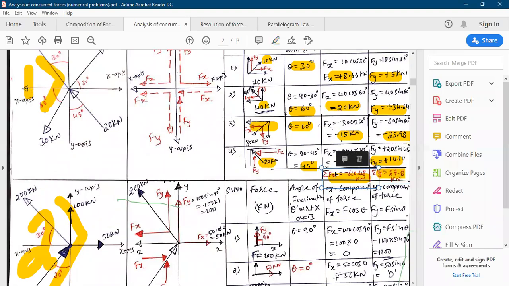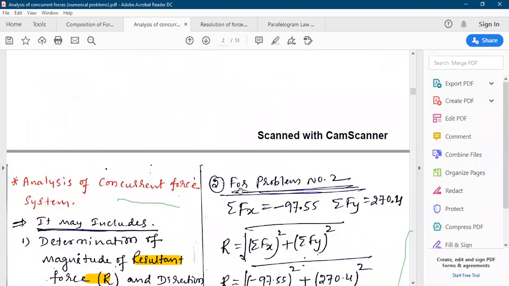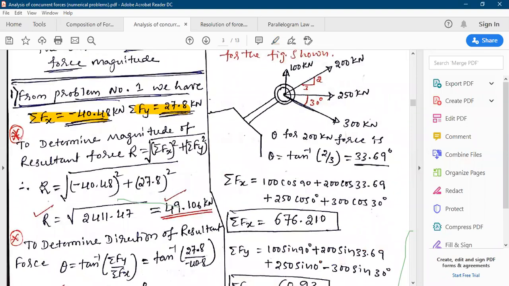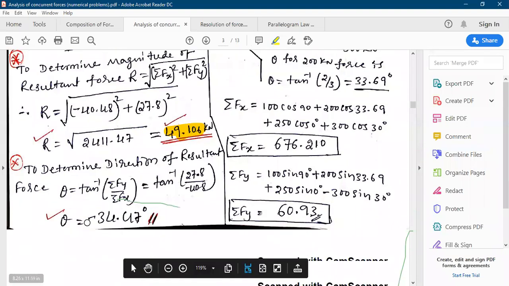For those sigma Fx and sigma Fy, we have calculated the R value, that is 49.106. Similarly, we calculated theta, the direction of resultant, as minus 34.47.